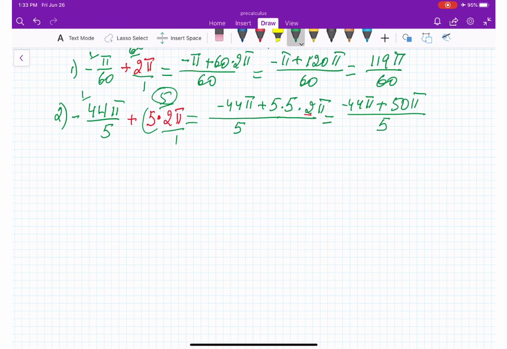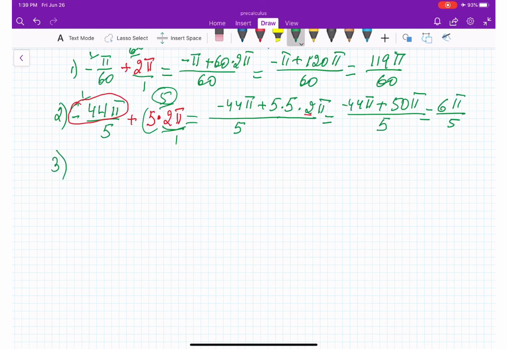So to get the positive coterminal angle, you have to multiply this 2 pi so many times until you get a number that is greater than negative 44 pi. So the result would be positive. So this is going to give you 6 pi over 5. Okay, I don't know why I made it in red. So let's turn to green and continue.